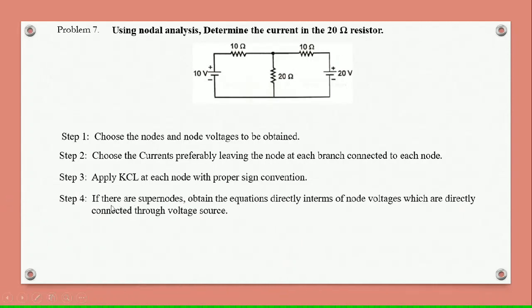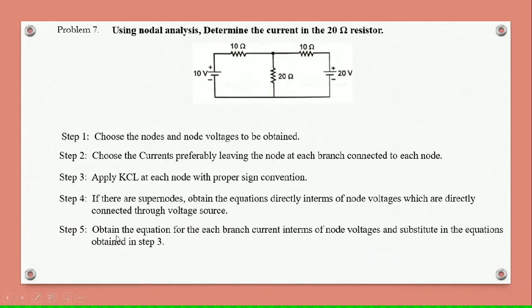Step 4, if there are super nodes, obtain the equations directly in terms of node voltages which are directly connected through voltage source. So students should know about super nodes. Super nodes are nothing but the node at which voltage source is directly connected.